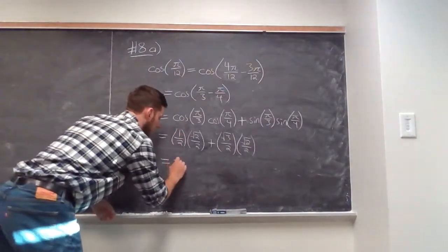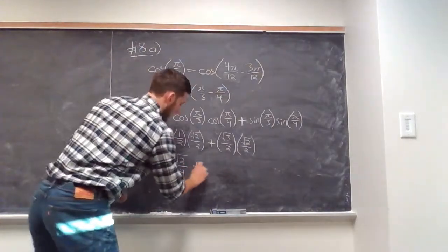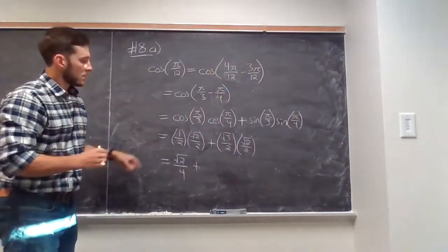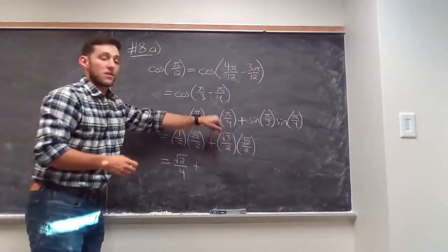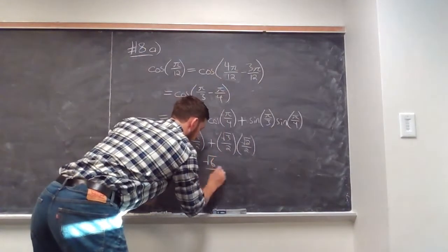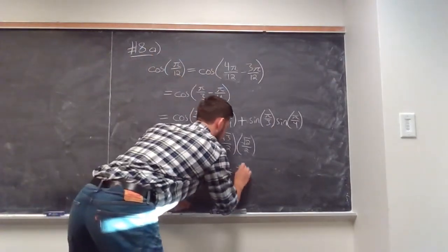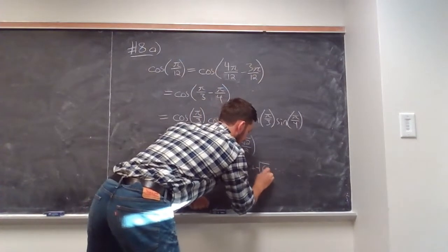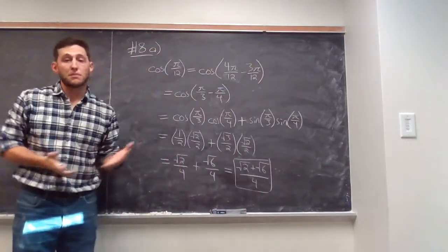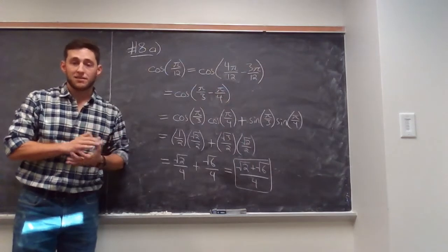So I get square root of 2 over 4 from this one, plus square root of 3 times square root of 2, which is the square root of 6, over 4, giving you an ultimate answer of square root of 2 plus square root of 6, all divided by 4. And yes, you could probably simplify this a little bit. I can see at least one thing you can do, but I'm totally good with that as an answer.